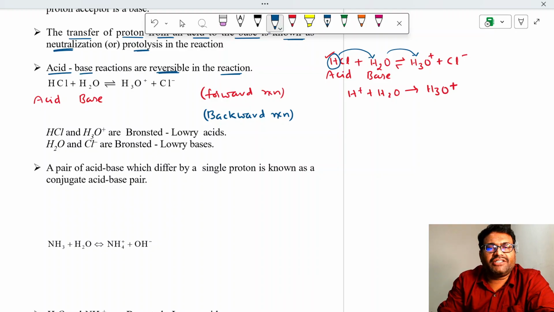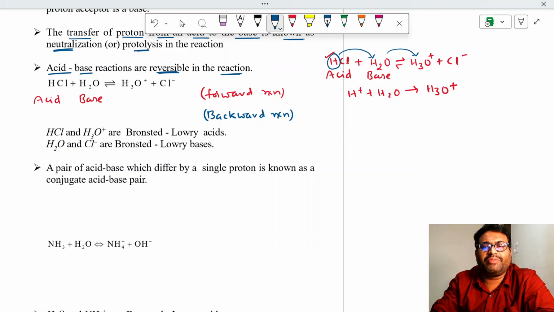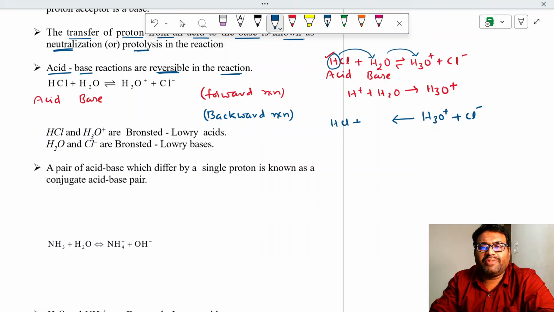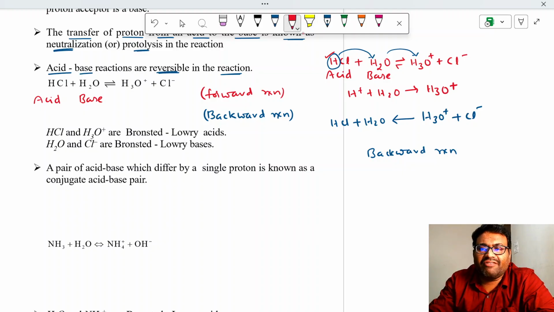In this backward reaction, H3O plus reacts with Cl minus, giving HCl and H2O. In this backward reaction, H3O plus is converted into H2O.